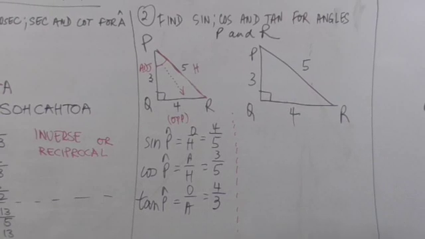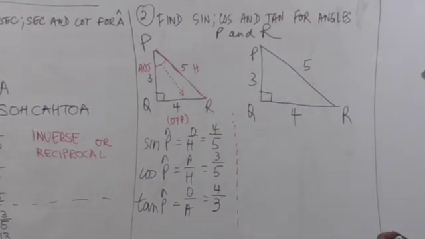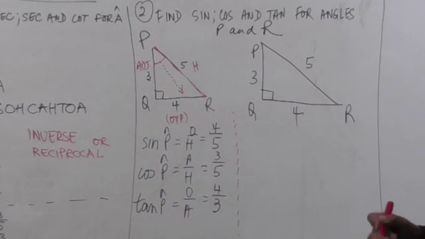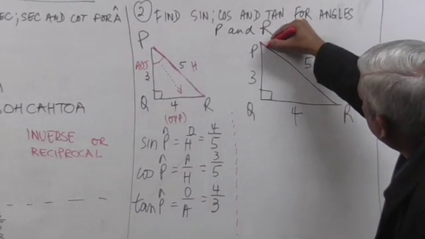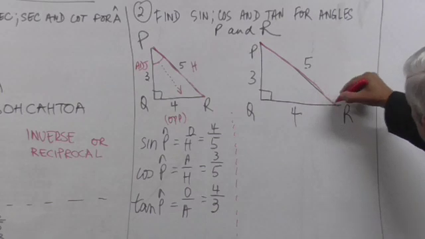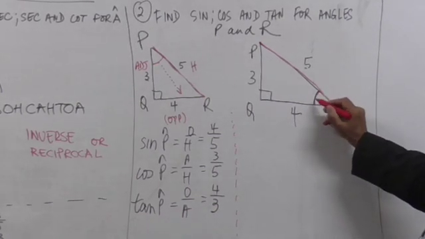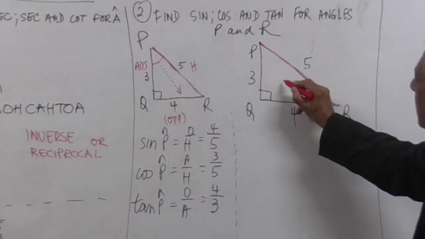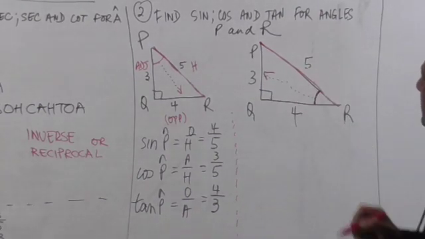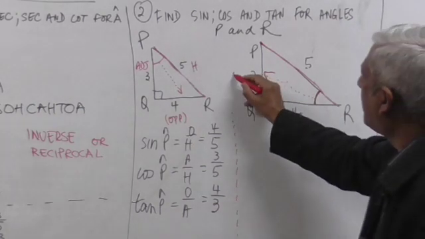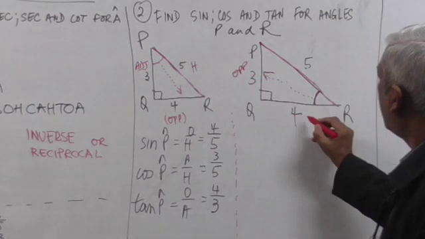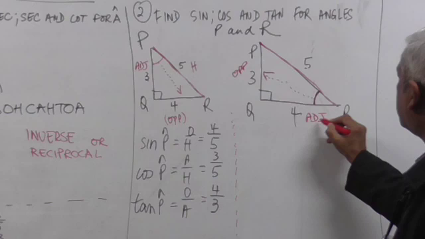Now we take the second diagram and use it for angle R. Firstly, that's your hypotenuse, and there's your angle R. So you're looking from here, that's your opposite side, and this will be adjacent.